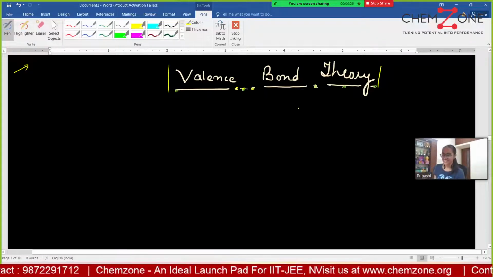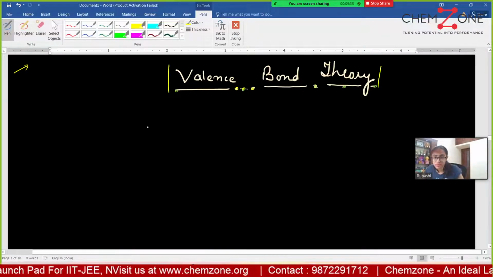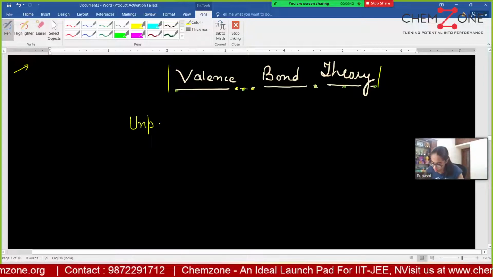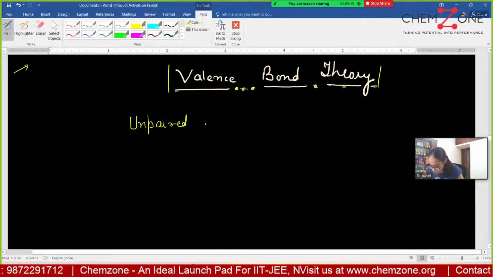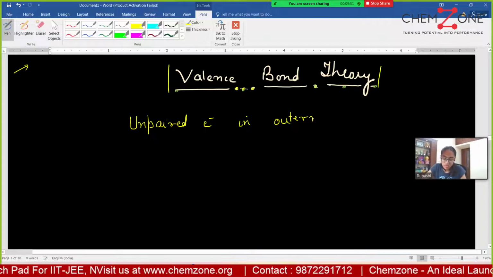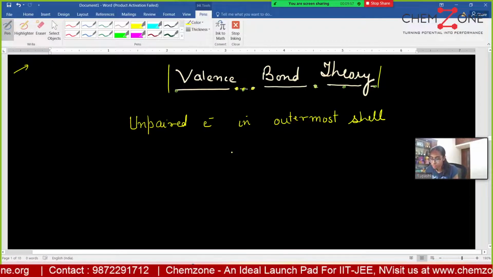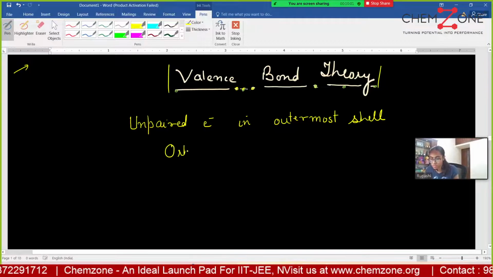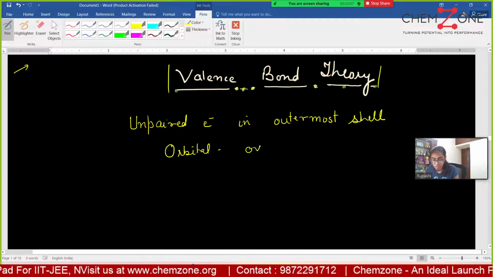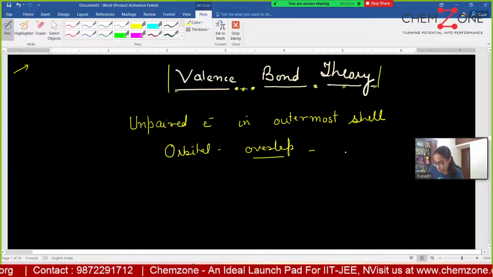Okay. Valence bond theory. According to this theory, the unpaired electrons in the outermost shell undergo orbital overlapping, and that overlapping makes a bond.